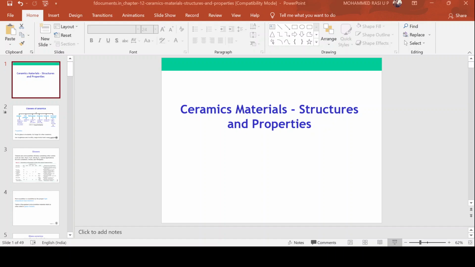When it comes to glass ceramic, the properties are relatively high mechanical strength, low coefficient of thermal expansion, high temperature capabilities, good dielectric properties and good biological capability.